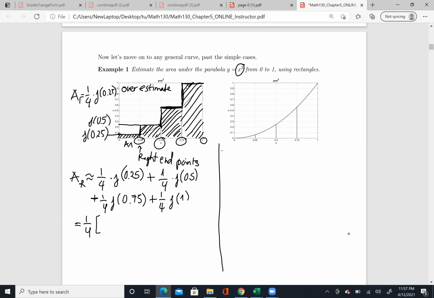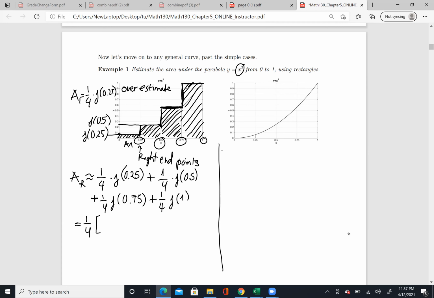And from the midpoint, you want to draw a vertical line to the graph. And then from the point that intersects with the graph, you draw a horizontal line.